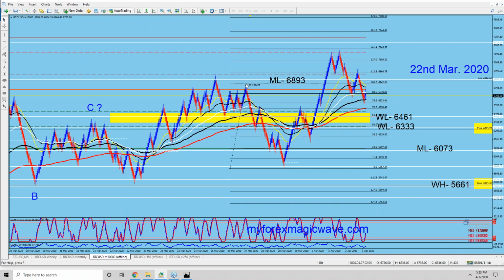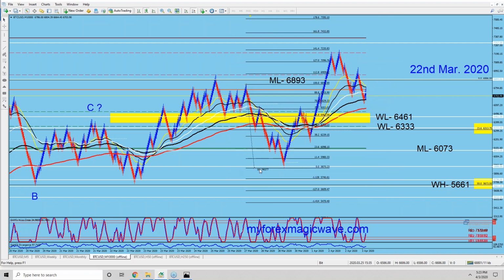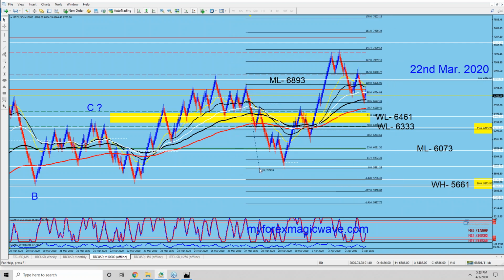If I use this one here, yeah, see, it's not the perfect harmonic calculation there, but it is like a butterfly kind of pattern here, and then it just dropped, but probably it's gonna continue going to the upside to this number here. Anyway, I'm gonna go off now.